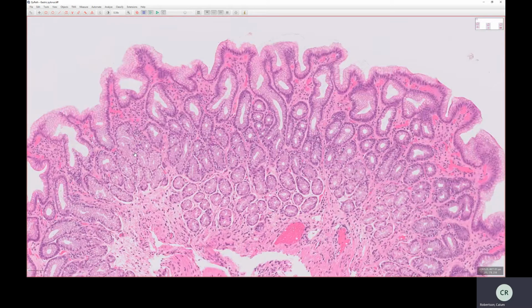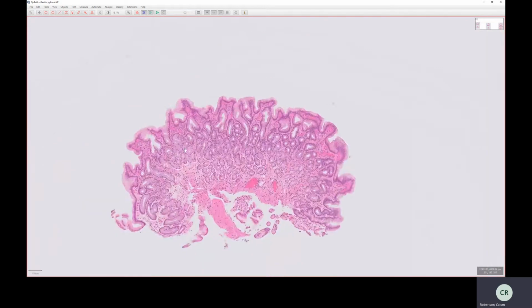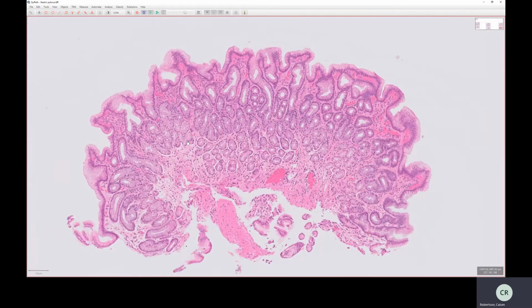And these are producing alkaline mucin to raise the pH because the stomach operates at a very low pH. But the small intestine is not capable of dealing with contents with such a low pH. So the purpose of the distal stomach is to raise the pH in preparation for the small intestine.